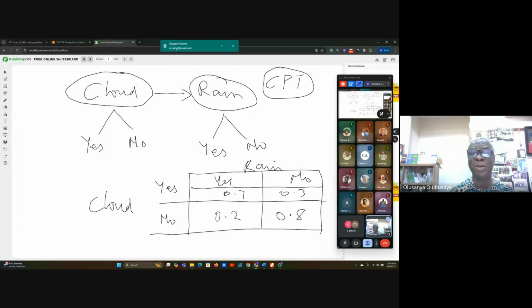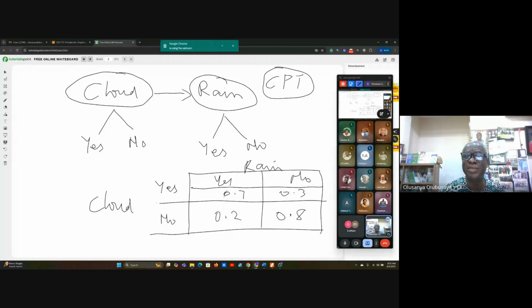So, by interpretation, that 0.7 is simply saying that if it's cloudy, there is a 70% chance of rain.